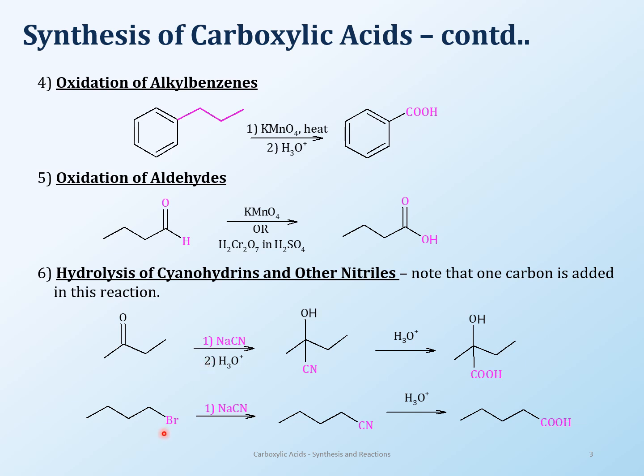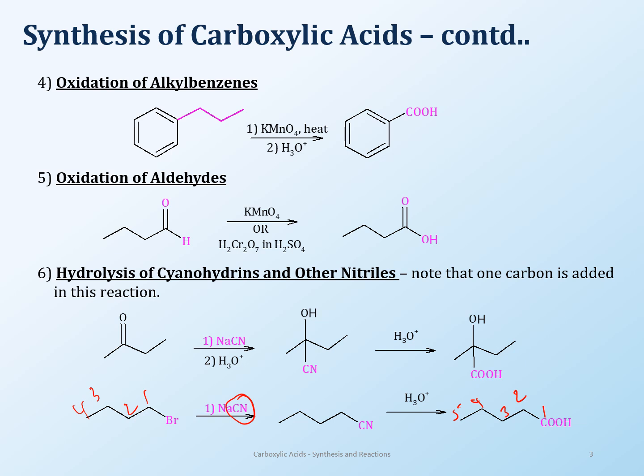You can just do an SN2 reaction with any kind of an alkyl halide, get a nitrile on there and do a hydrolysis. But the one thing you have to remember as you're doing the nitrile reaction is that you're adding a carbon. Here 1, 2, 3, 4 carbons, but here 1, 2, 3, 4, 5 carbons. So by adding a nitrile group, you actually add a carbon.